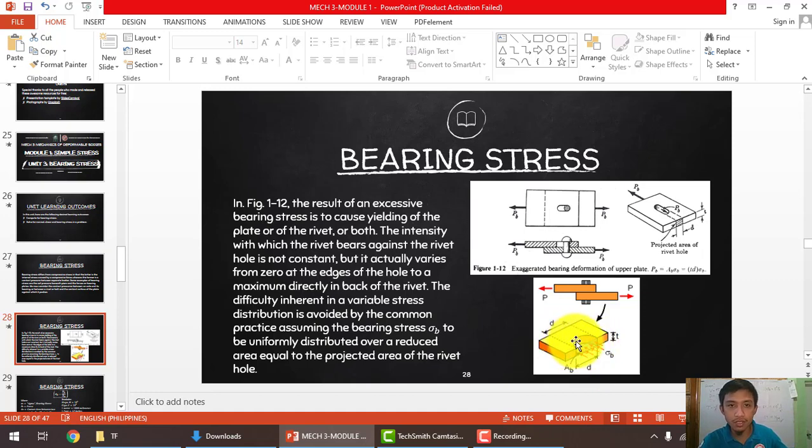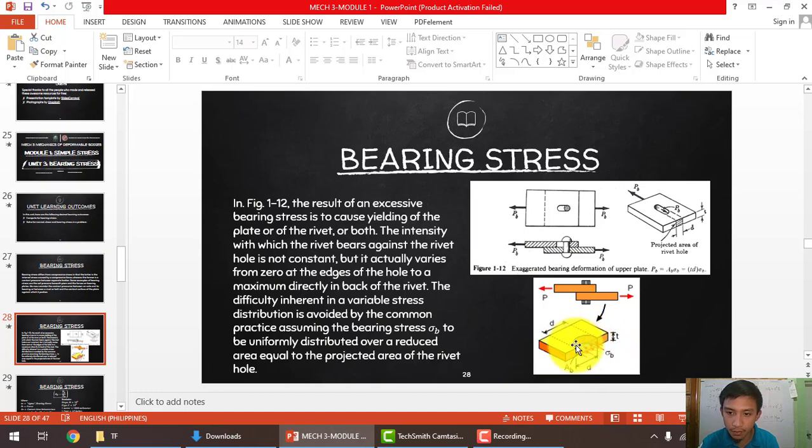So we are going to simplify it by using its equivalent, which is a uniform load or uniform stress or uniform pressure, acting on the projected area. Instead of calculating the variable stresses from 0 at the edge to the maximum at the middle, we now consider it as uniform, but the area will change.